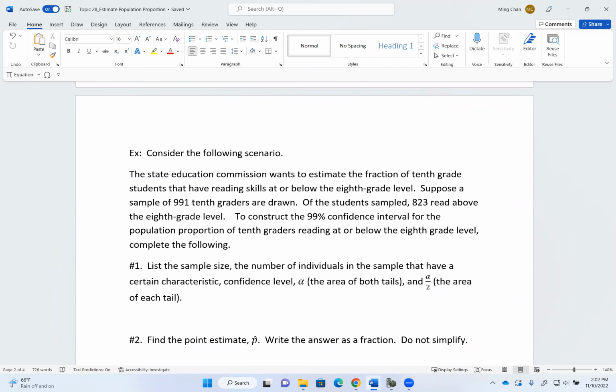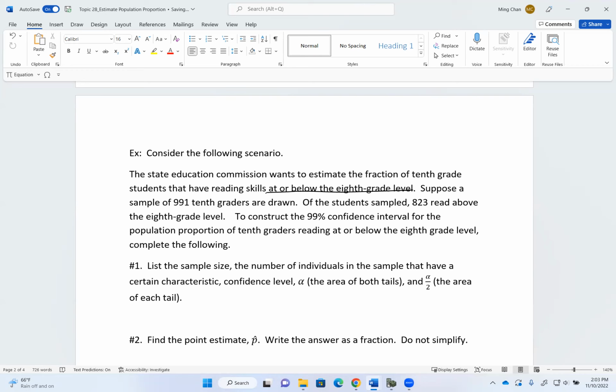Suppose a sample of 991 10th graders are drawn. Of the students sampled, 823 read above the 8th grade level. Okay, so this is talking about at or below.